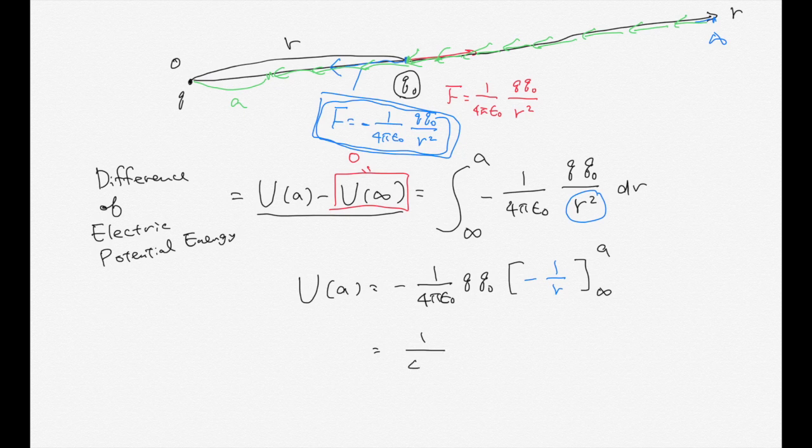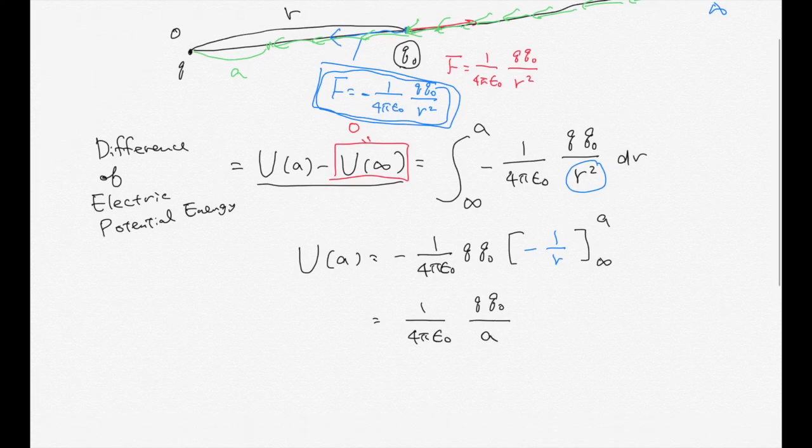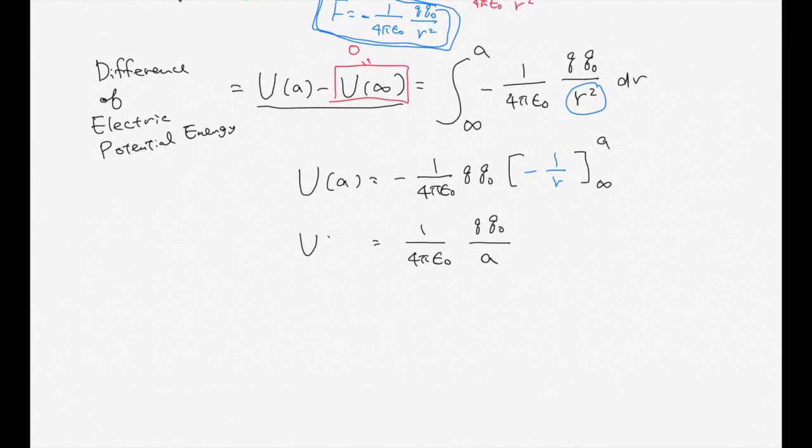This is 1 over 4 pi epsilon naught Q Q sub 0 over A. So we have the electric potential energy.